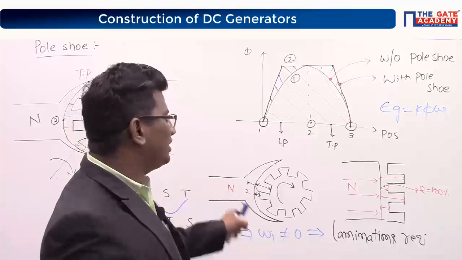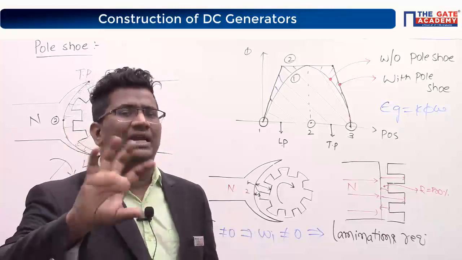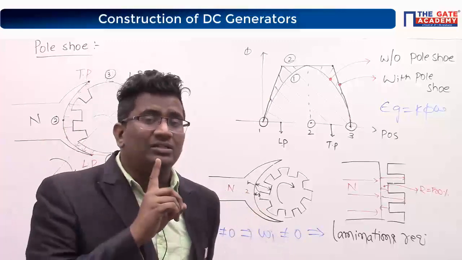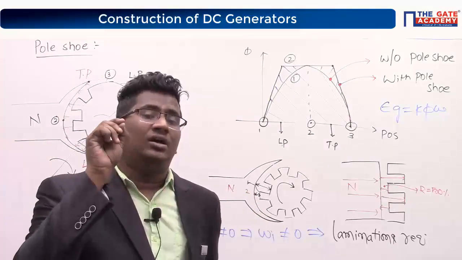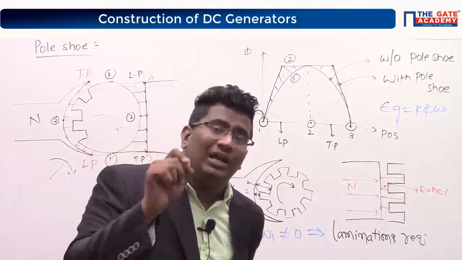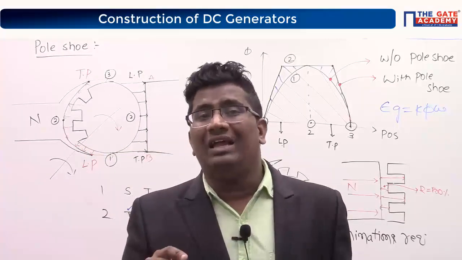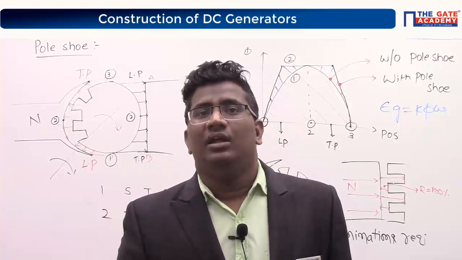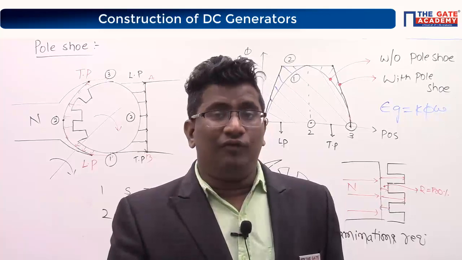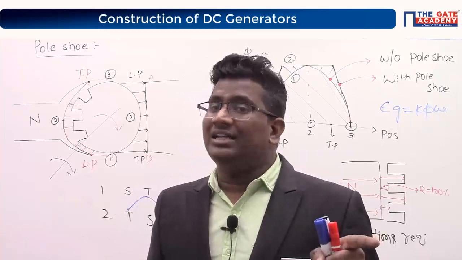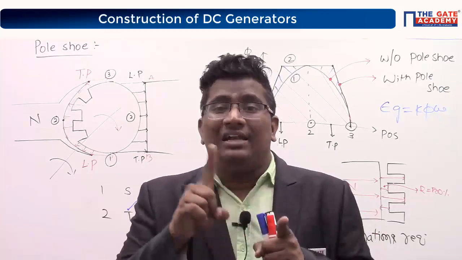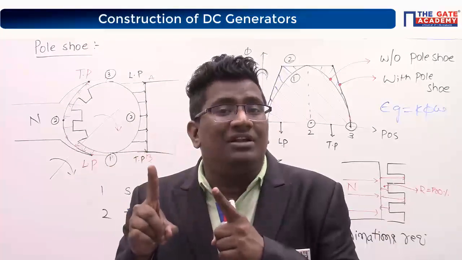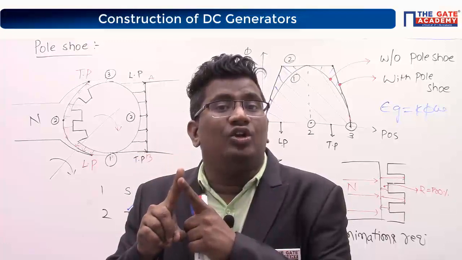Without slots and teeth, can you place a conductor in it? Therefore, if you want to place a conductor, slots and teeth must be there. If slots and teeth are there, definitely pulsating flux is there, which means pulsating torque will be there.